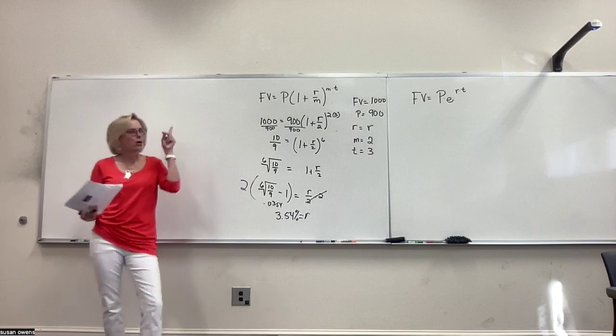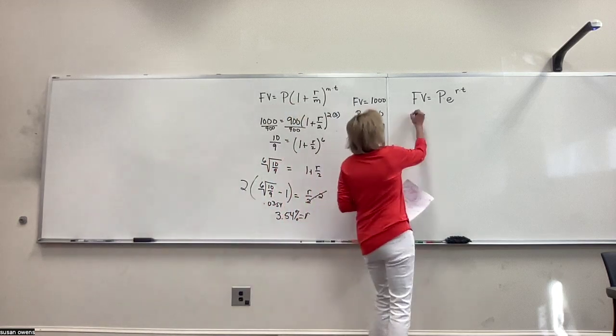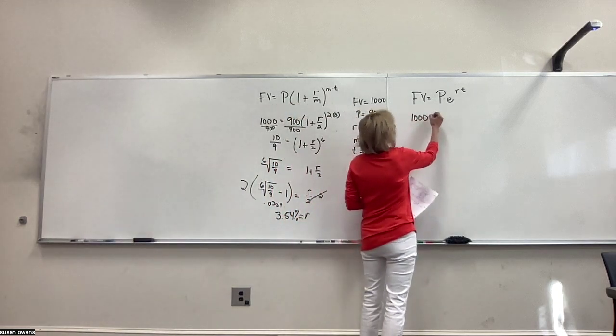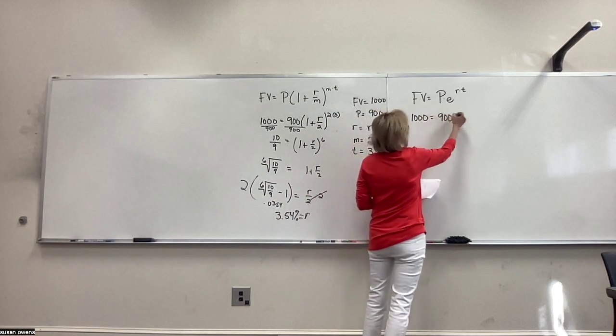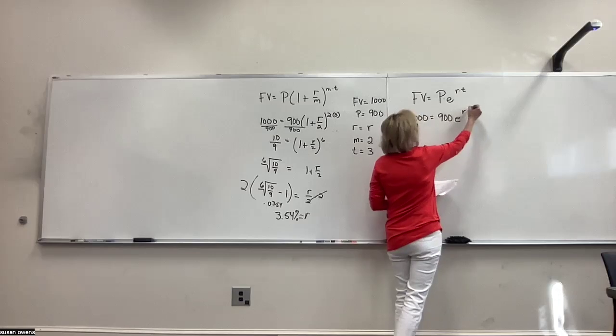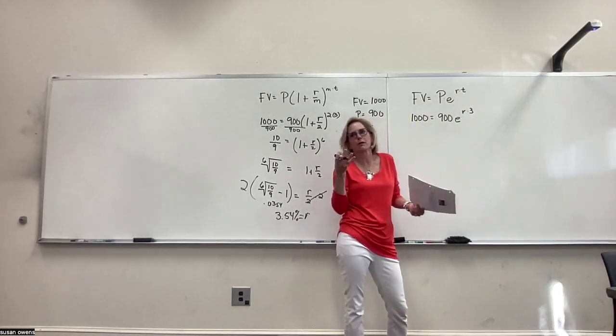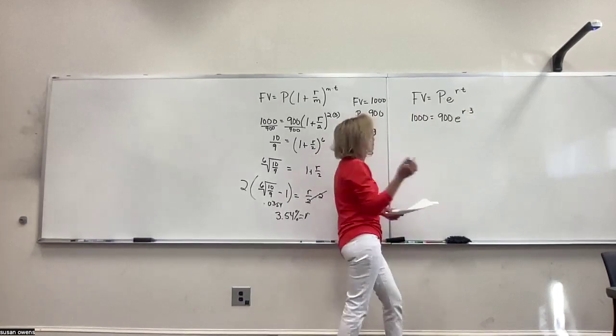Okay. Now we look at this continuous one. So we have 1,000 is equal to 900 E, and we're looking for the rate times the time, which is 3. Again, I like seeing the number in front of the variable, so if I'm writing it, I would write 3R.